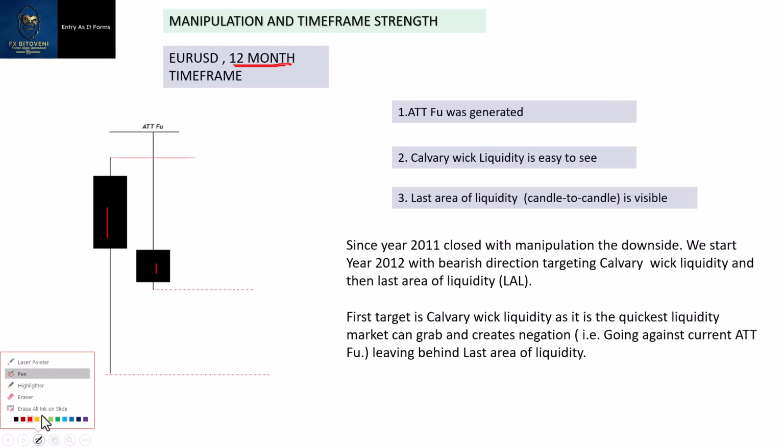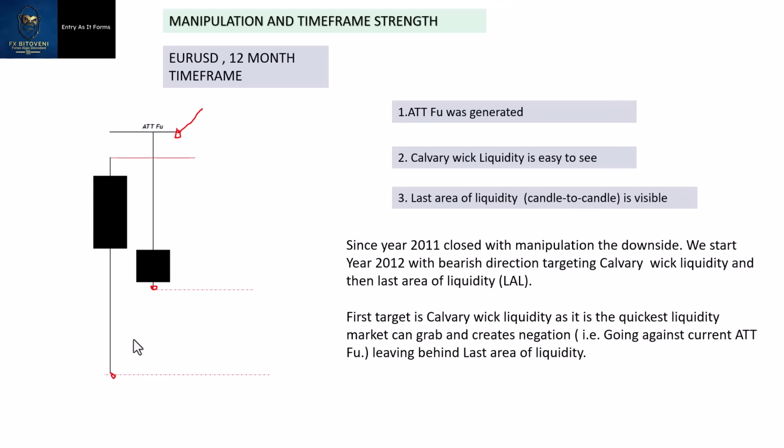Now, after this anti-FU was generated, which is this one, the weak liquidity is easy to see, which is this area. The last area of liquidity, using candle to candle manipulation, is visible, which is this area.